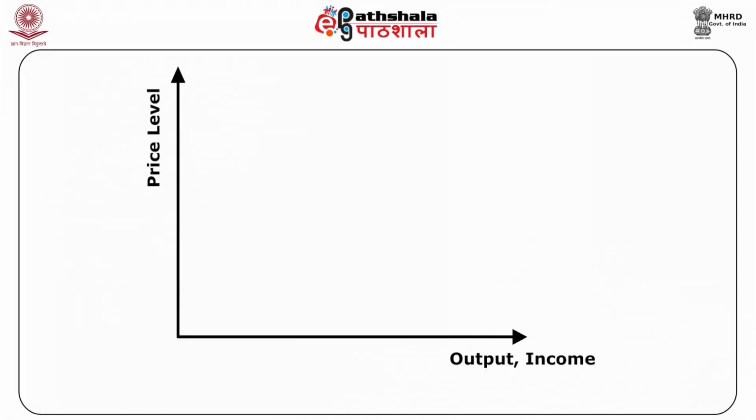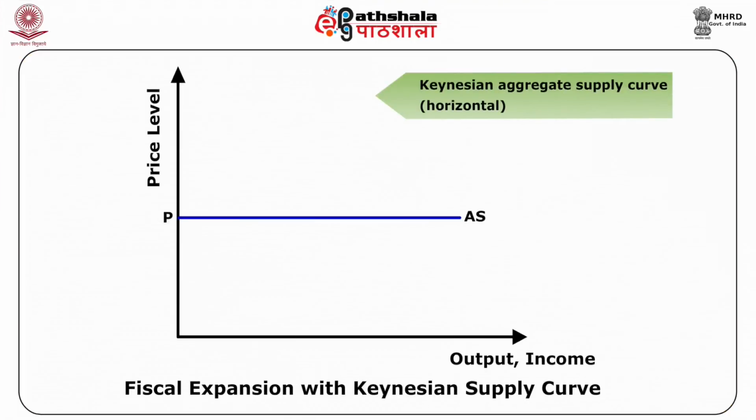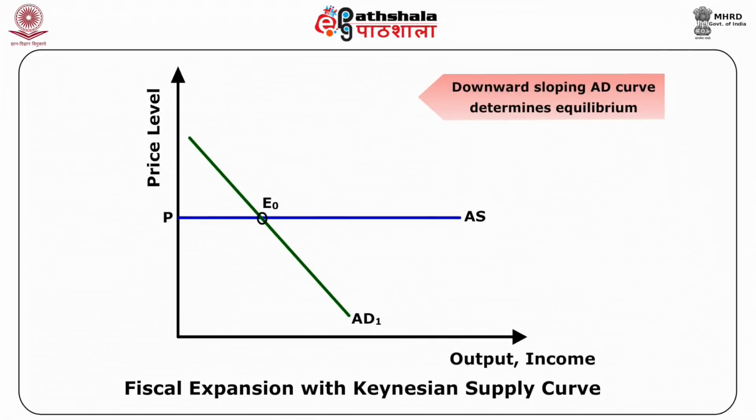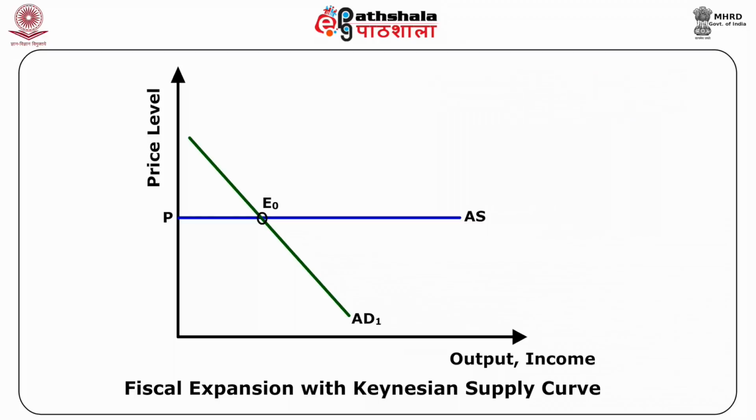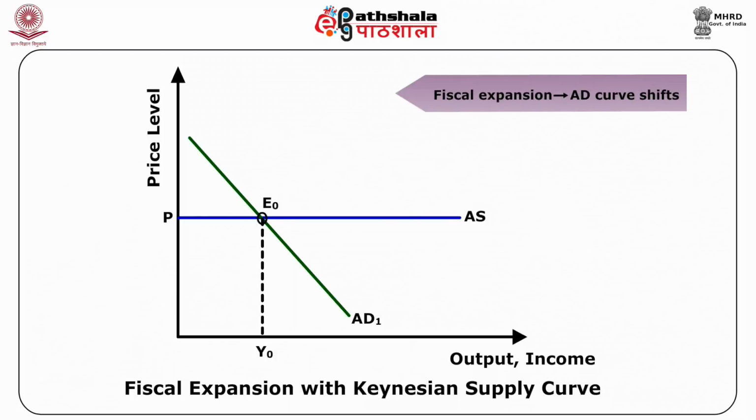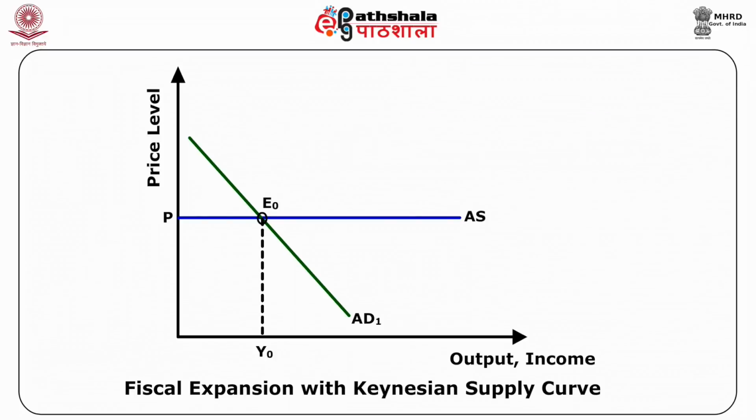In the figure, with the Keynesian aggregate supply curve, which is horizontal, the downward sloping AD curve determines equilibrium at point E0 with the price level given at P and output at Y0. As a result of a fiscal expansion, the AD curve shifts rightward from AD1 to AD2.